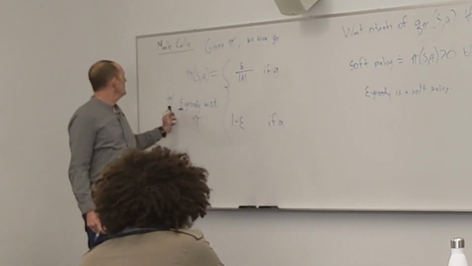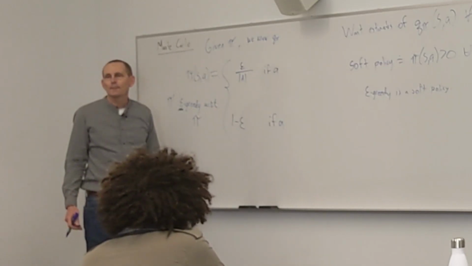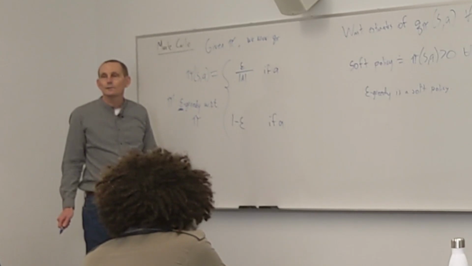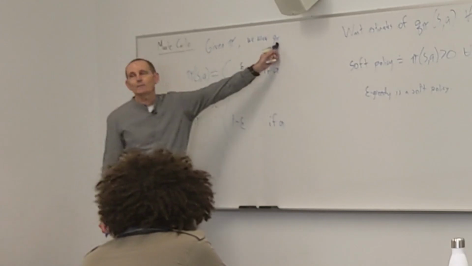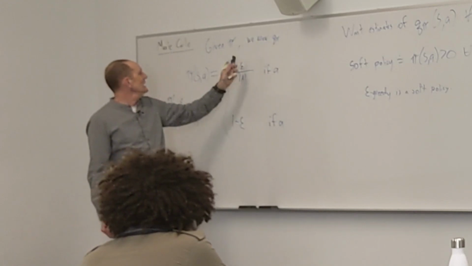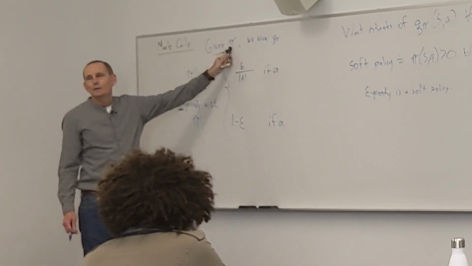So what would it mean for pi prime to be greedy with respect to pi? How can you be greedy with respect to a policy? How can you be greedy with respect to the state values? So we have a policy, given our action values, right? So which is the best action to take from state S according to pi?